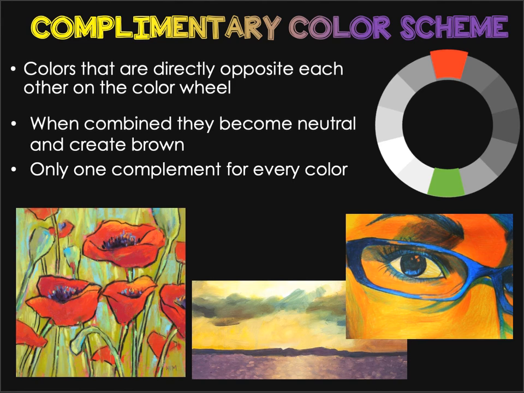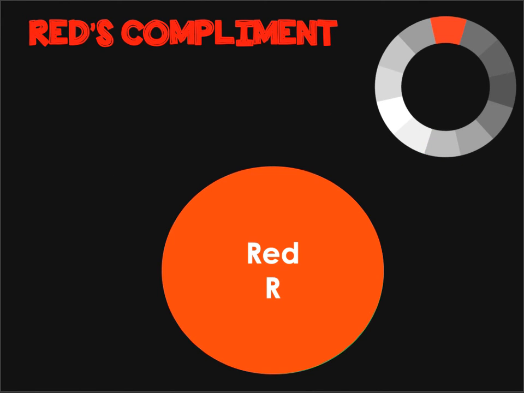They are appealing to the eye. Every color again has a complementary color, but we're just going to focus on the primaries and their complements. Right. So our first one is red. Now directly across from red on the color wheel is green.